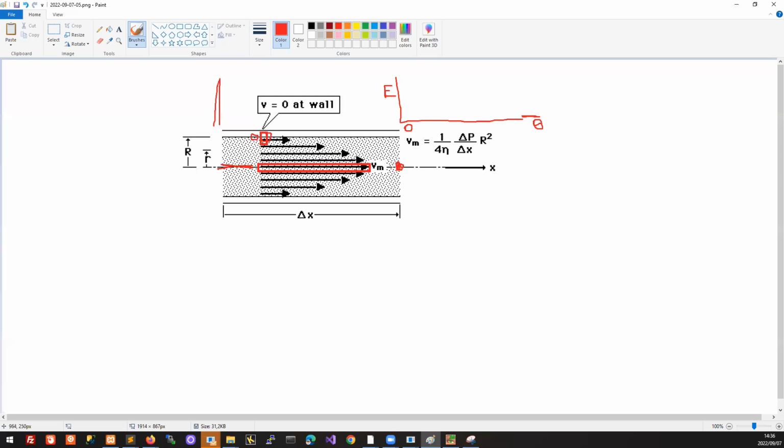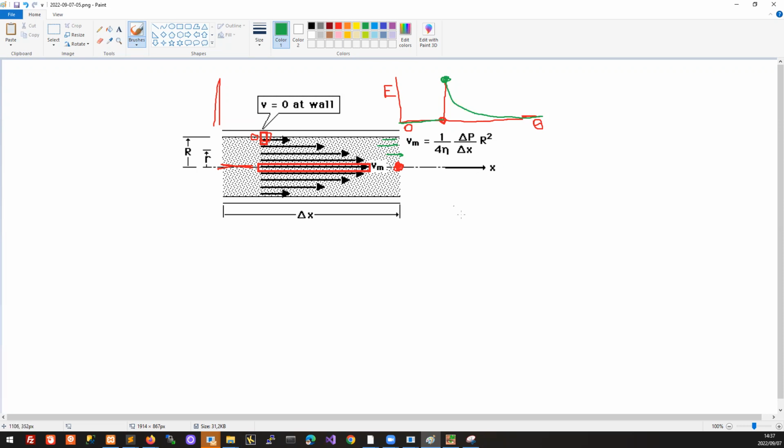So you will have the earliest contribution from the center. Everything was zero up to this point, and then you will start getting a contribution from the center line. All the other radial positions have lower velocities, so they will come out later on. So we expect that kind of profile.